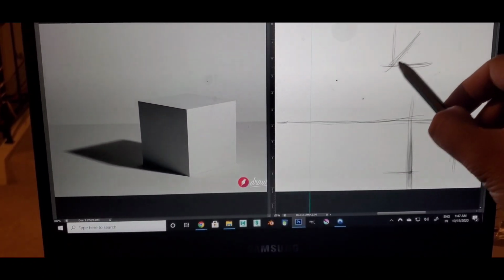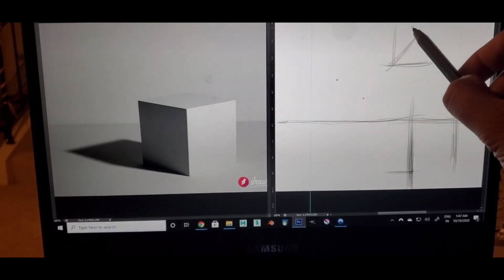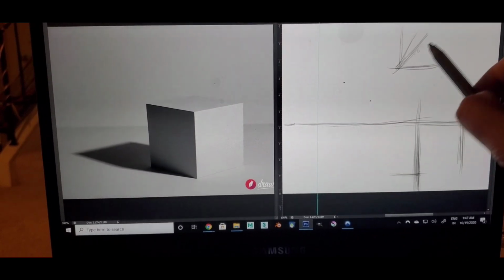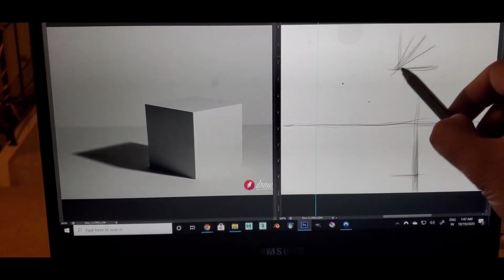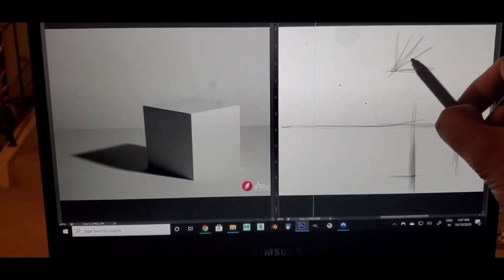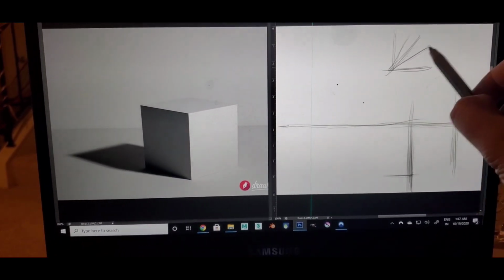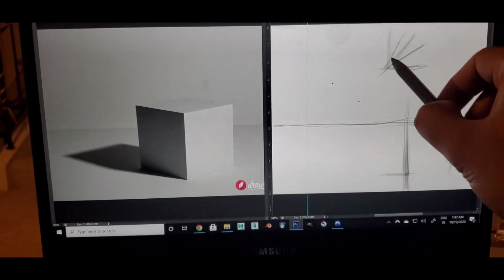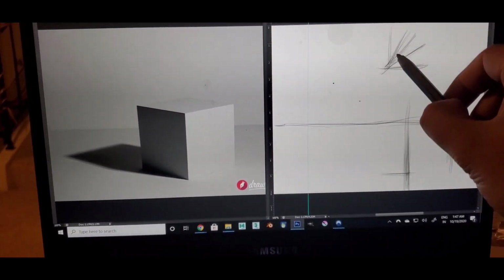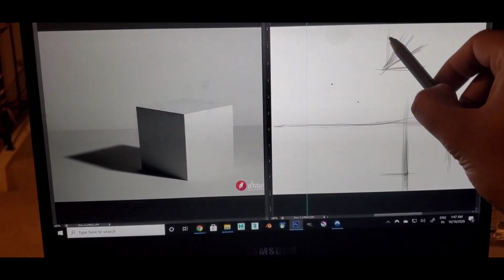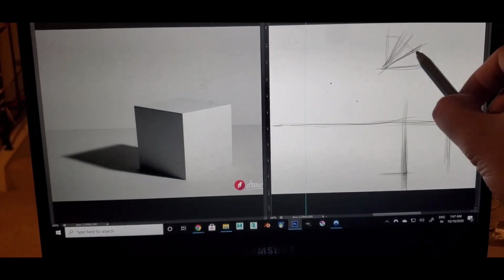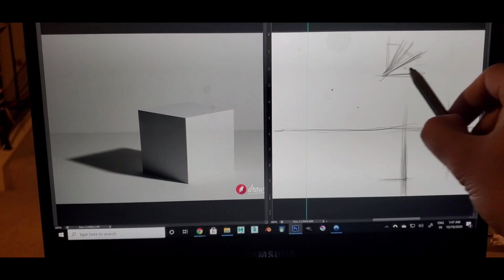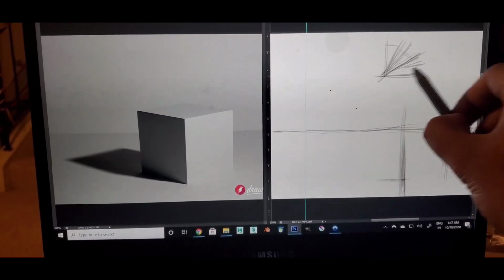So 60 degree is somewhere here, like plus 15 degree, and 30 degree is somewhere here, right? If you divide this 90 degree in 3 parts, from here to here, it has to be the same, 30 plus 30 plus 30, 90 degree. So the 15 degree is somewhere here, right?